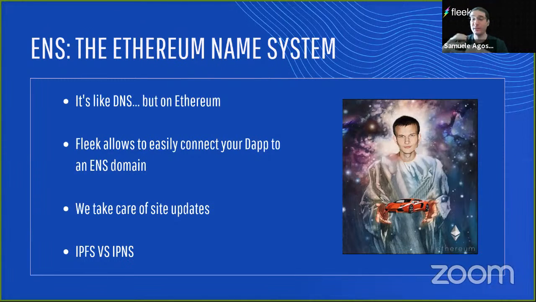Right now we are spending a lot of gas to update the IPFS hash for our customers, so we're thinking about using IPNS. We would take care of keeping your IPNS address up to date with the correct hash. So it's a change that will come soon in the future, but the fundamental idea doesn't change: we're taking care of keeping IPFS updated for you.